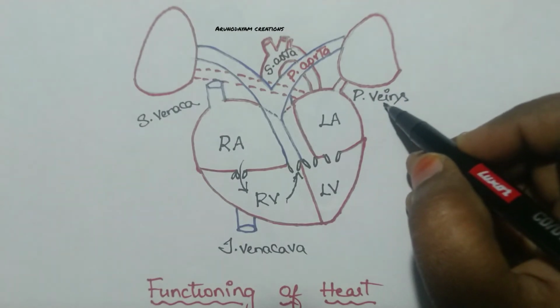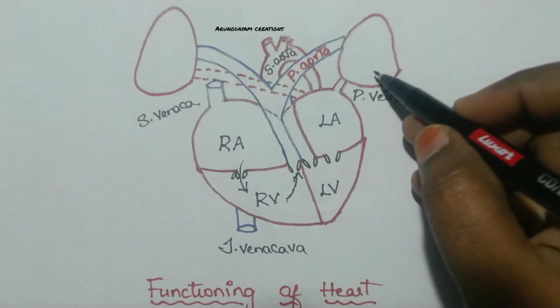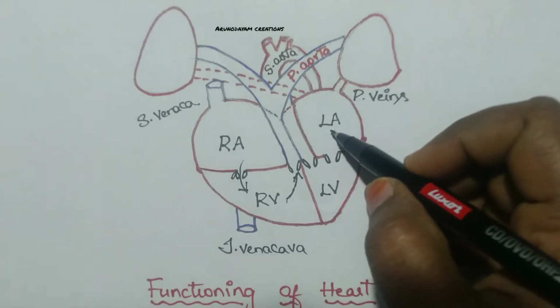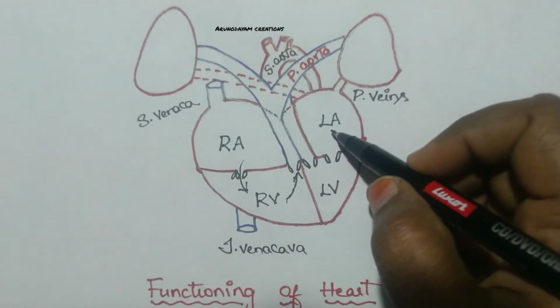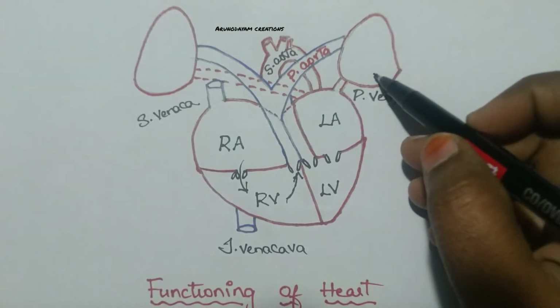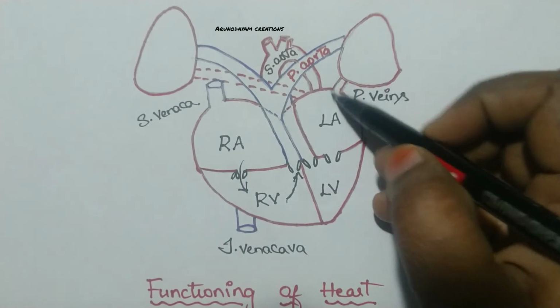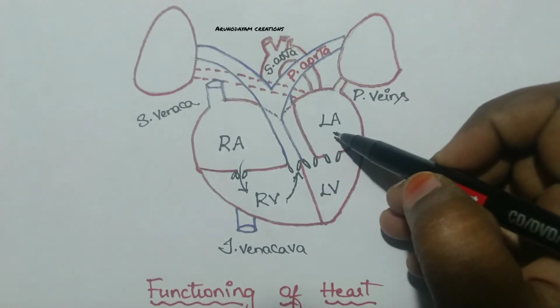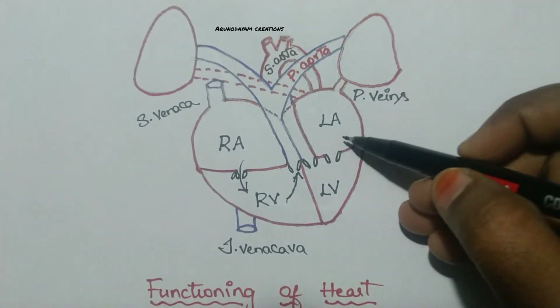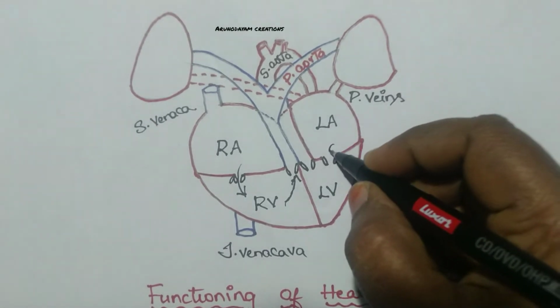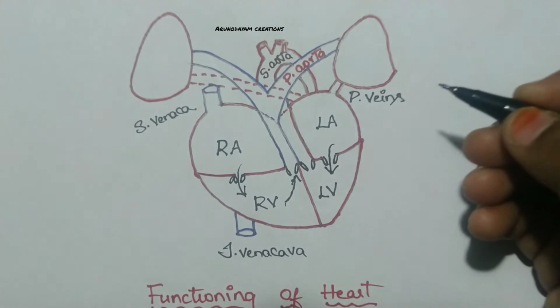The pulmonary veins arise from the lungs, take oxygenated blood from the lungs and open into the left atrium of our heart. Pulmonary veins from this lung and this lung both open into the left atrium, bringing oxygenated blood.